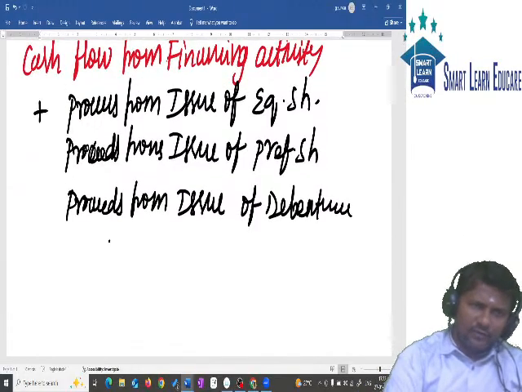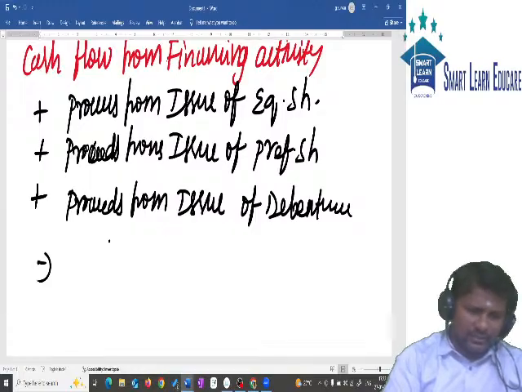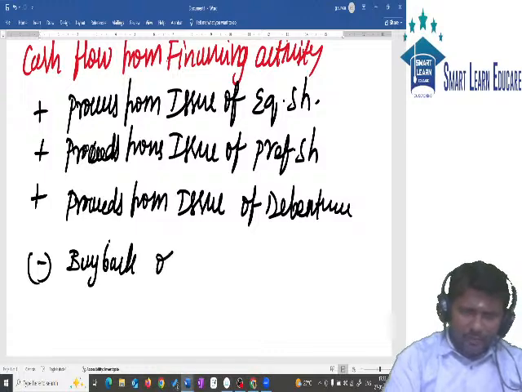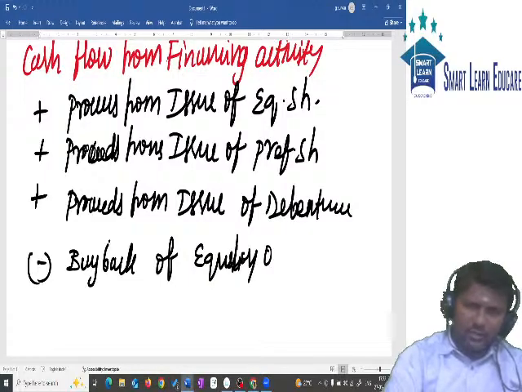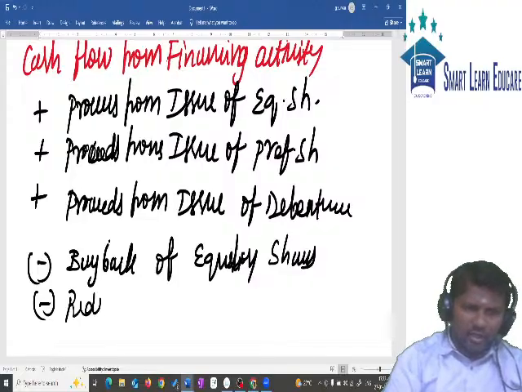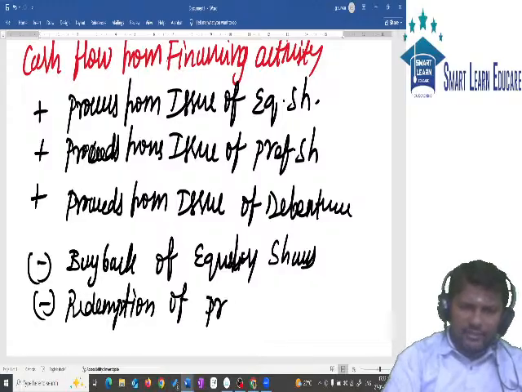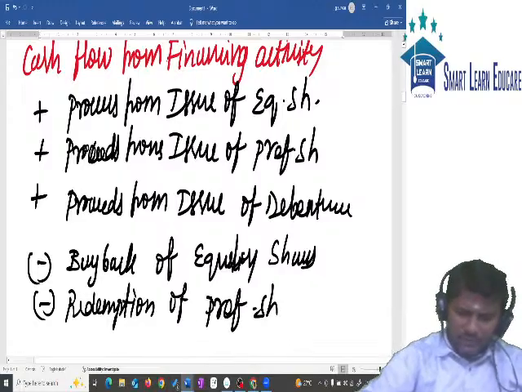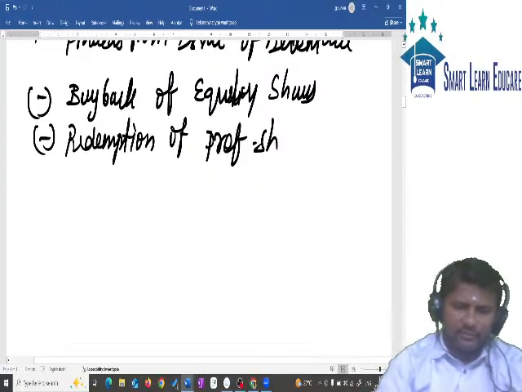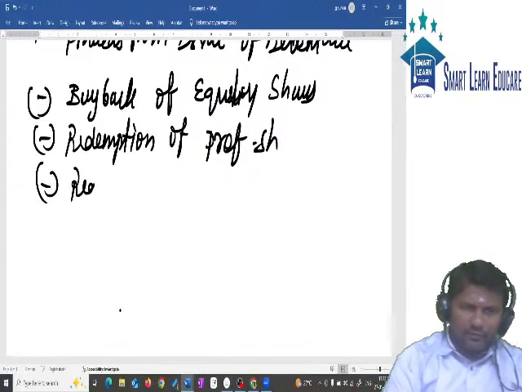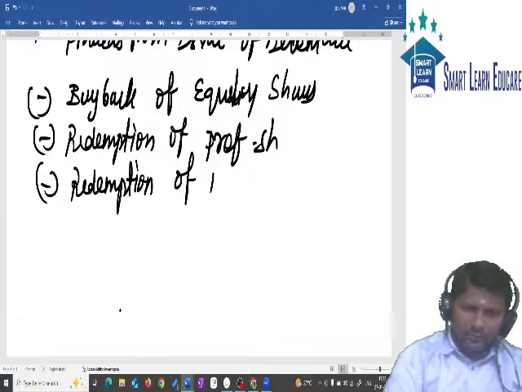These are all inflows of cash, so they should be added. Less outflow of cash: buyback of equity shares. Next, redemption of preference share. Redemption of debenture. The term redemption means repayment, repayment of debenture.